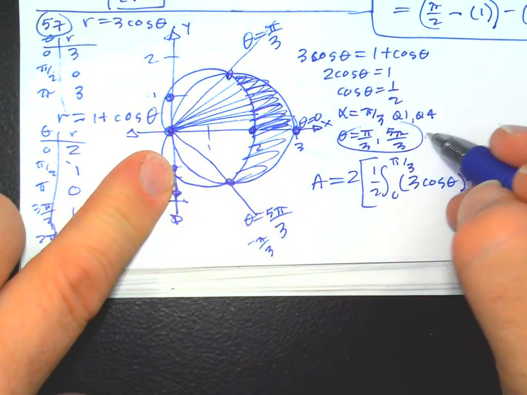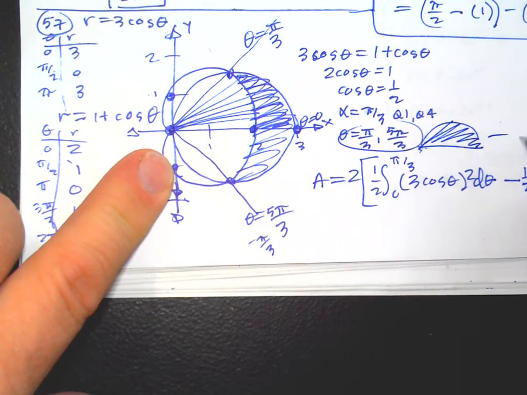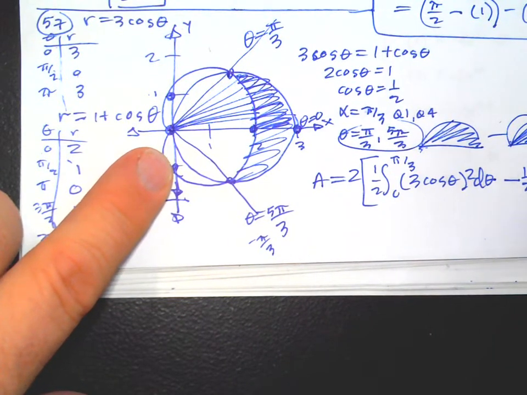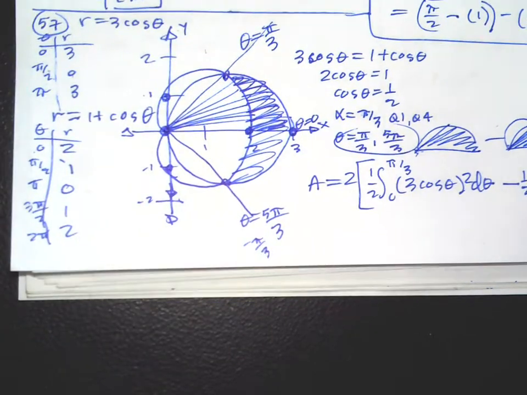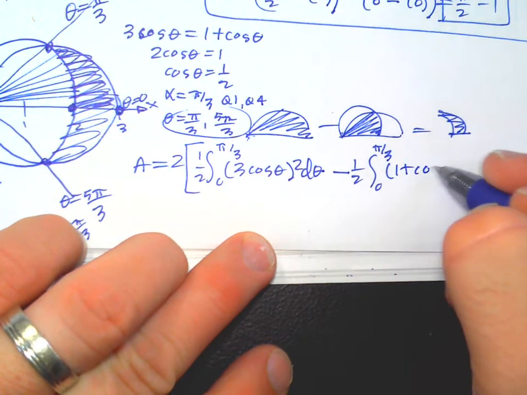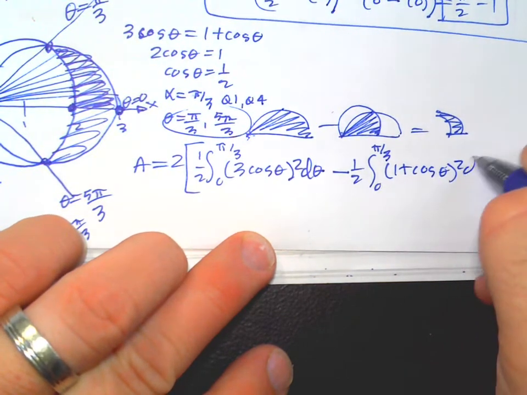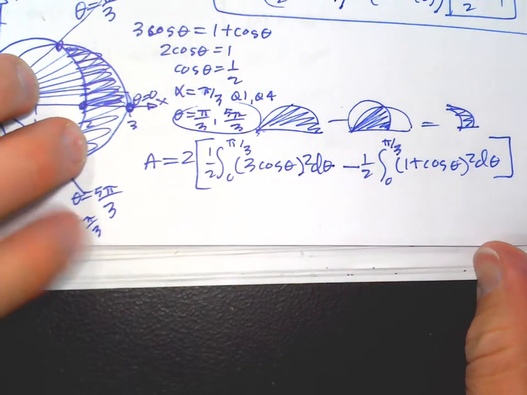So we're doing this area minus this area to get what's in between right there. And then we're going to double it. So 1 plus cosine theta squared d theta. So that's the setup. Now we get into the details of it.